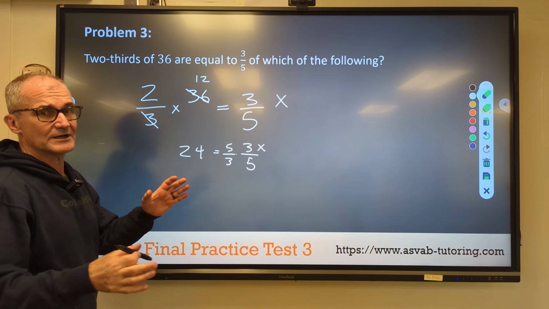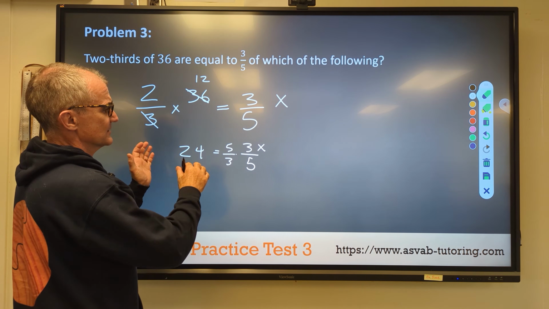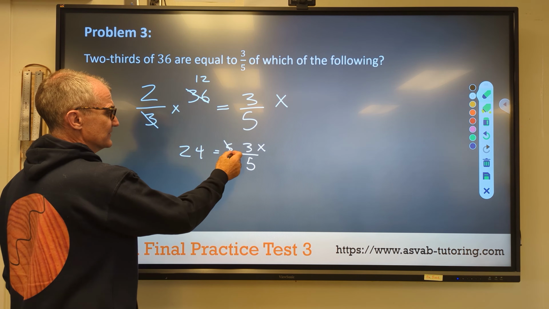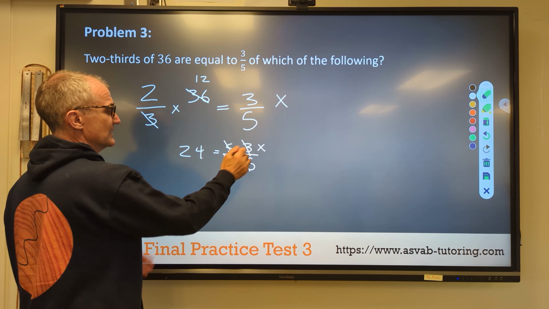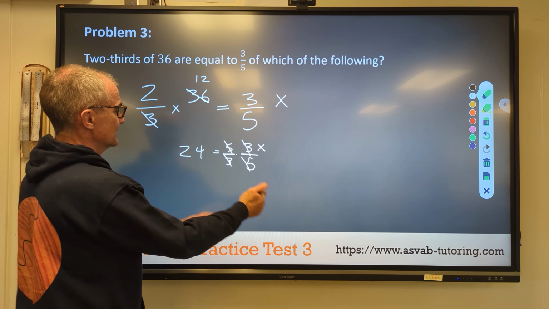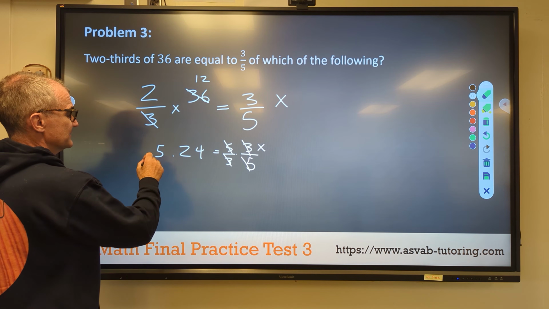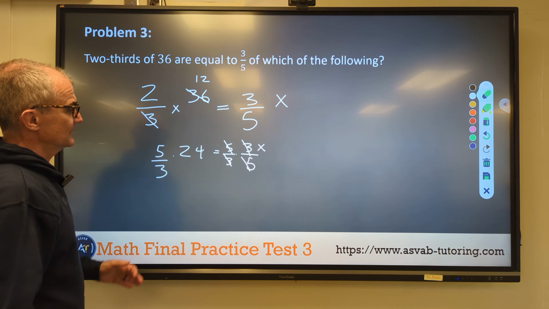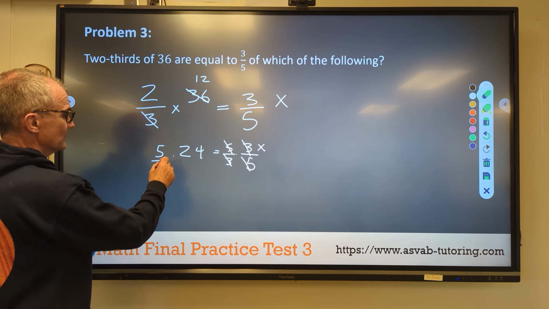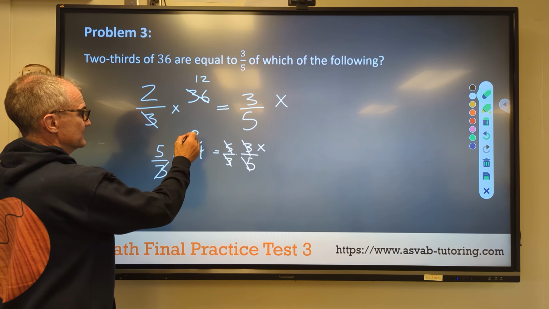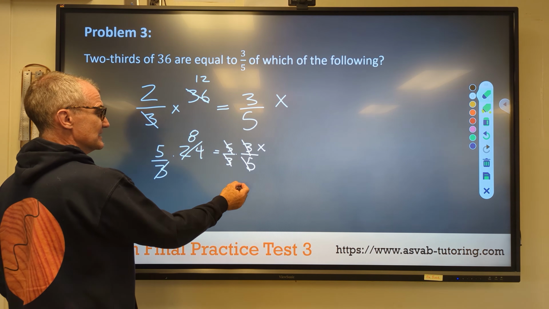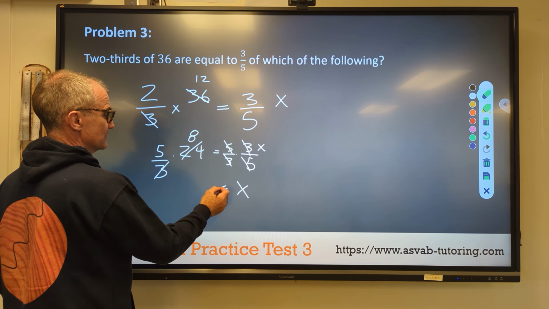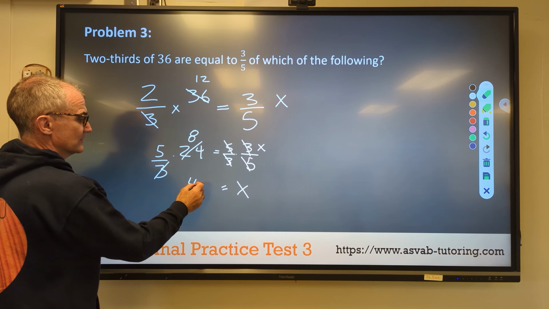I can do whatever I want as long as I do it to both sides of the equation equally. The 5's will cancel, the 3's will cancel. If I do that to the right side, I also have to do it to the left side. And then 3 goes into 24 8 times. Now I've got x by itself. X is equal to 8 times 5, or 40.